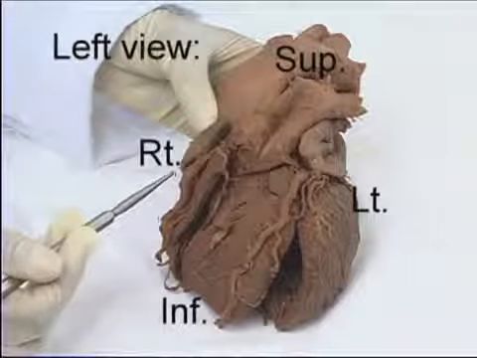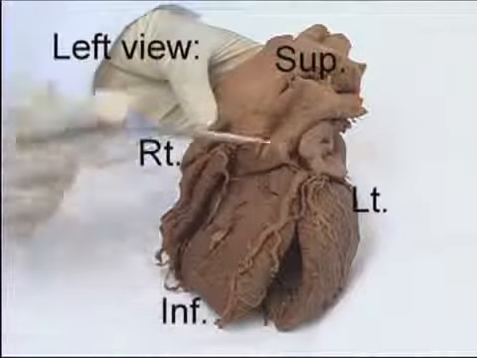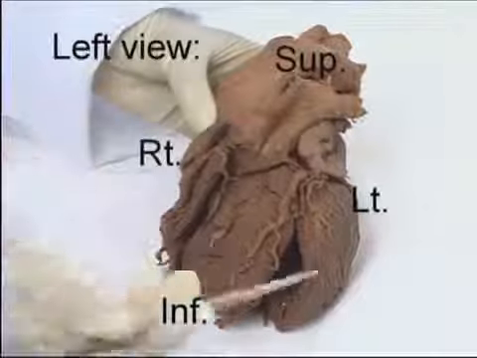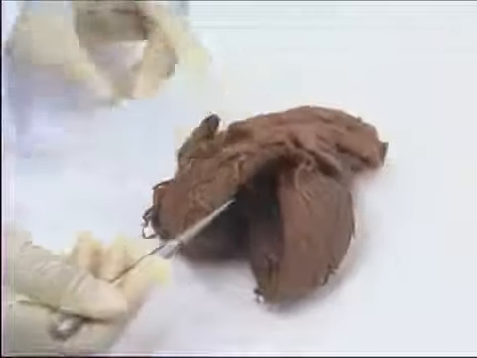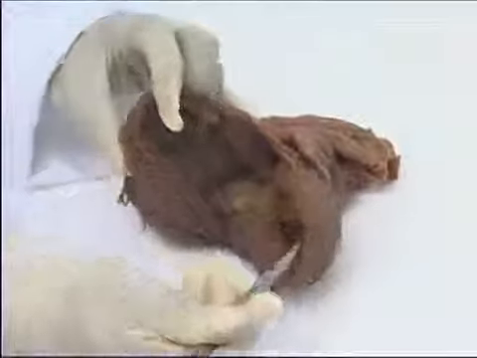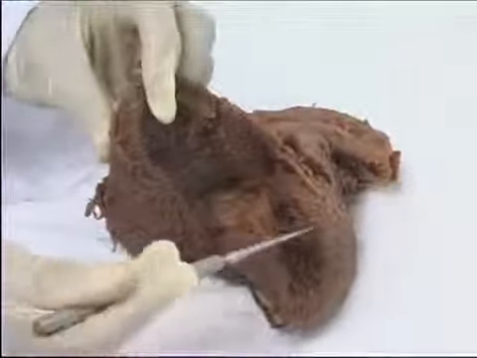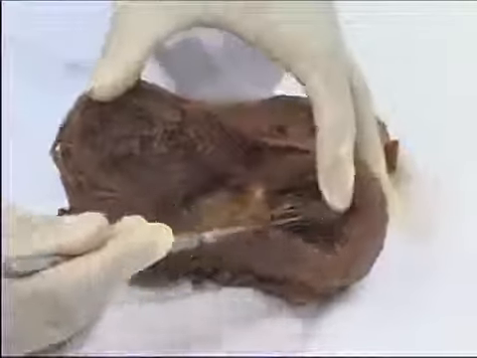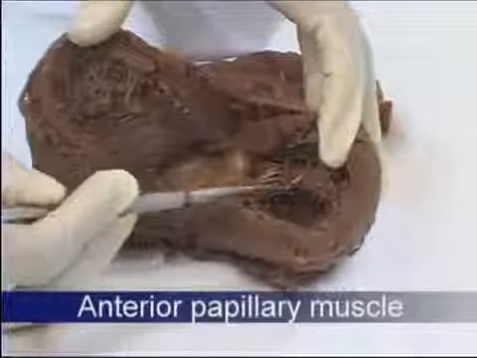Internal anatomy of the left ventricle. Two auricles, right ventricle, left ventricle. Opening the cavity. On this side, we can see the anterior papillary muscle.